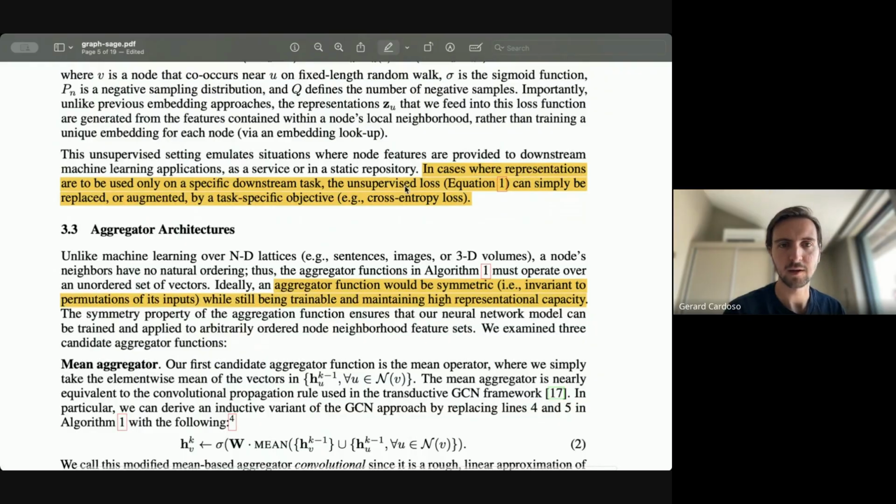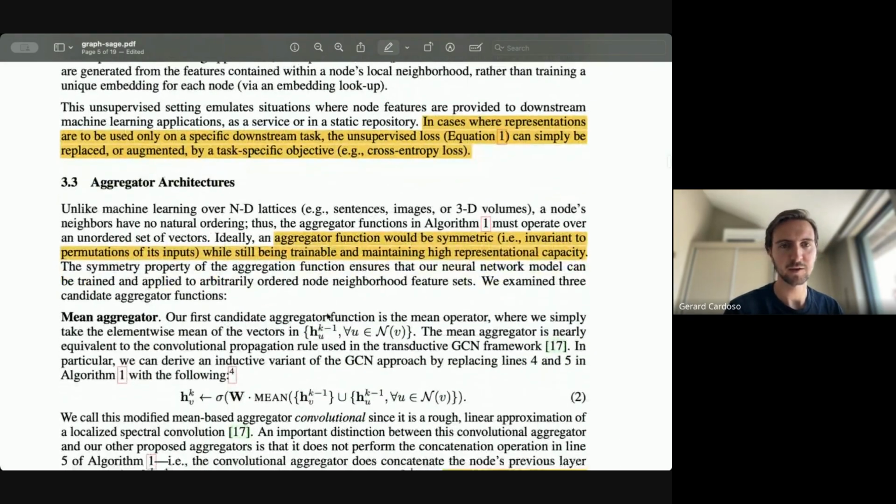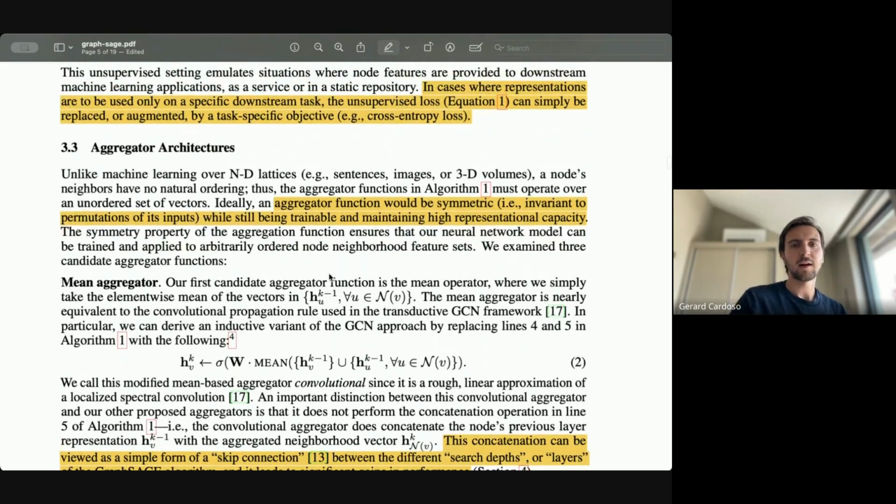And they mention here you can replace this with a task-specific objective if you have one. And then the cool thing is that you can learn different aggregation functions, or here they call them aggregator architectures, because they have their own parameters that you learn.